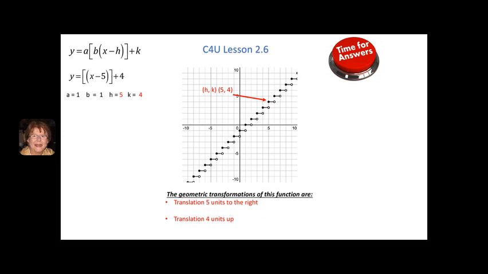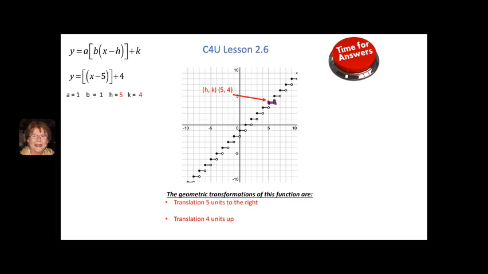That's why our step will be that the black dot, the closed dot, is on the left and the white dot is on the right. There is no reflection. And the length of the step is another thing you've got to determine, and that is a formula. 1 over b, 1 over 1 is 1. So the length of the step is 1 unit.